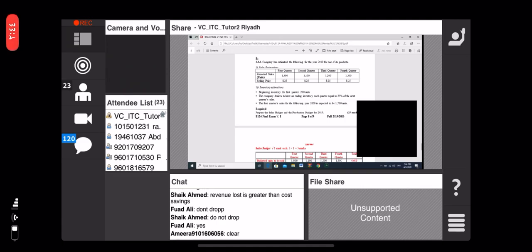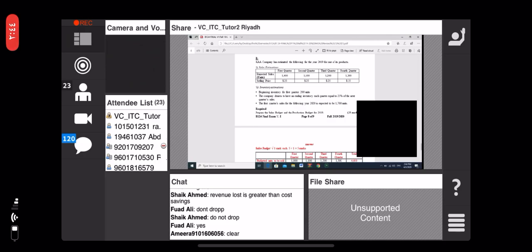For example, first quarter 1,000 units. So 1,000 multiplied by the price per unit of 25 will be 25,000. Second quarter, multiply 1,100 by 25.